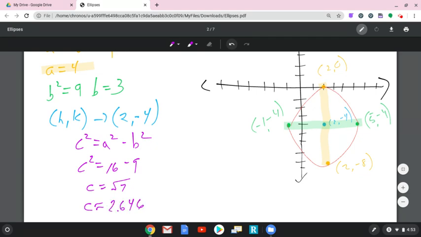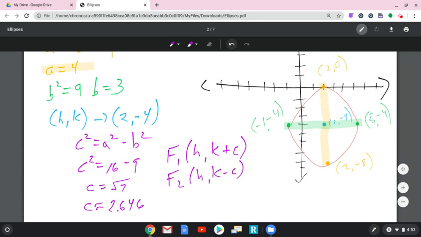Now, we can estimate that, but I want you to give exact points. If I plug that in my calculator, that would be approximately 2.646. But if I look at my foci, remember, it's vertical. If it's vertical, you're adding and subtracting the C value from K. So foci 1 should be (H, K plus C), and foci 2 should be (H, K minus C).